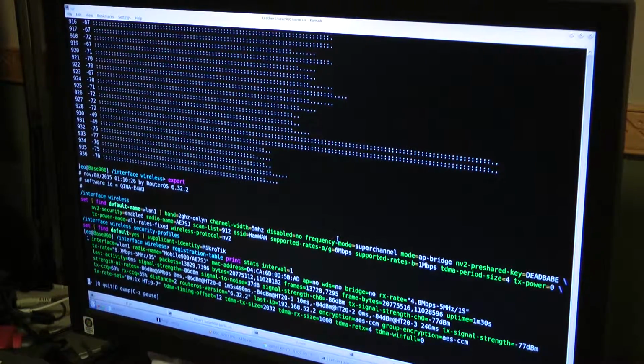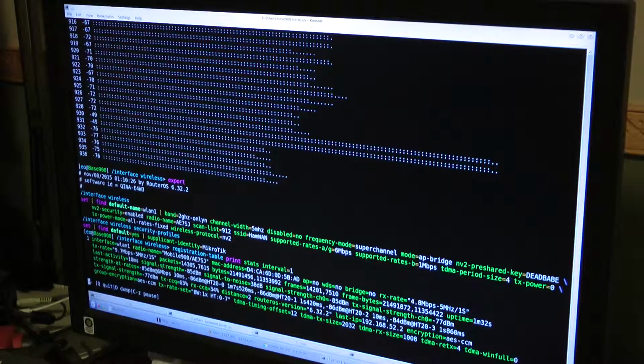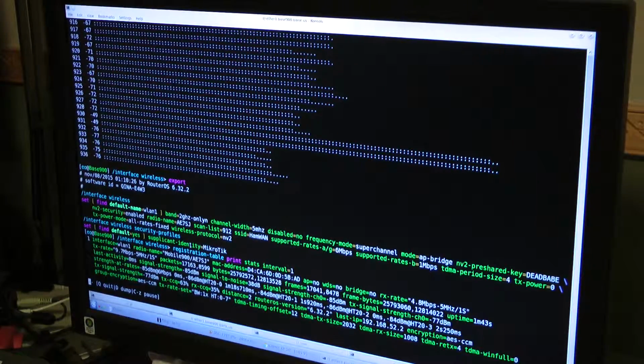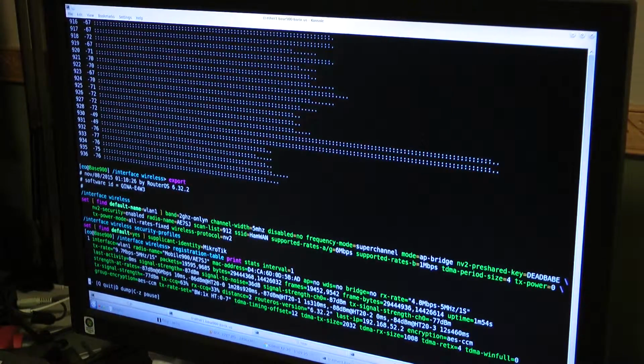Okay, so at this level then, minus 84, 85, if I go up 1 more decibel, everything should fall apart or come close to it. Let's see.